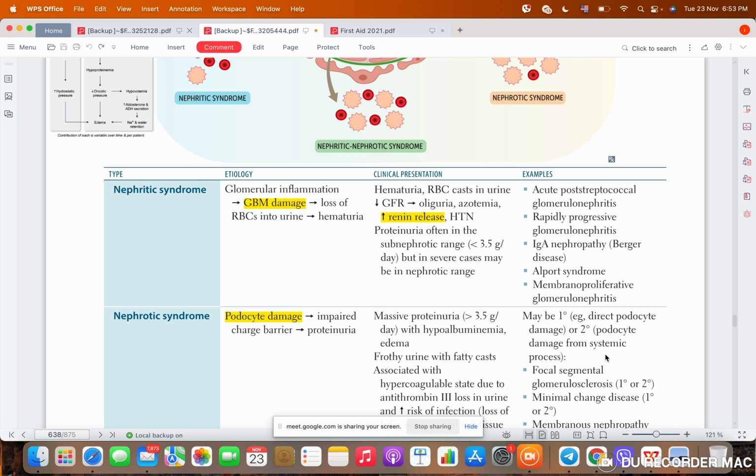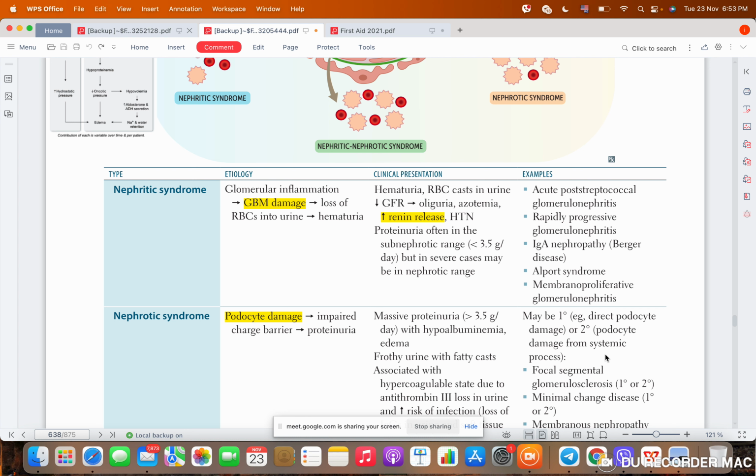Which skin finding did they have? Oh yeah, they have a rash on their buttocks mainly, and it's palpable but non-blanchable, which means if you press on it, it will not go away.